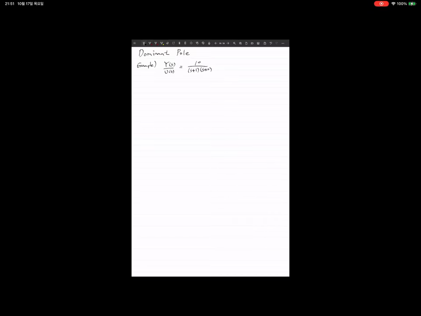Let us consider the system with this transfer function, 10 over (s plus 1) times (s plus 10), and the input will be the step input.